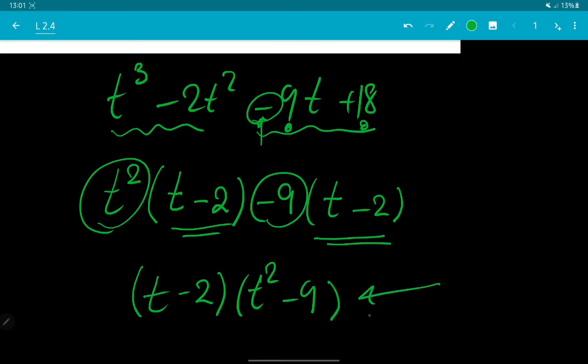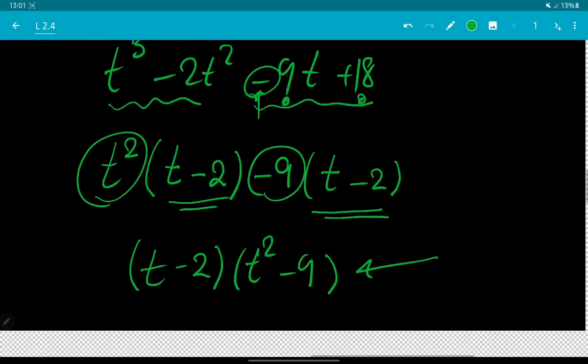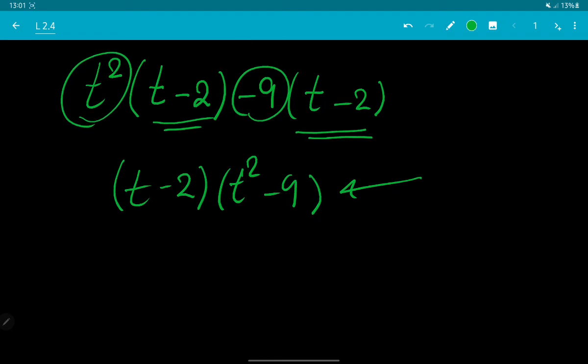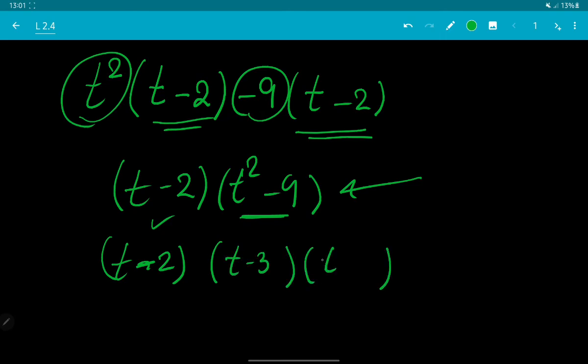So now you factorize this, but look for a moment, this cannot be factored anymore. What about this one? So leave the first one, and the second one here can be factored as t minus 3, t plus 3, because this is difference between two squares. Do you remember? So this is everything about factorization by grouping.